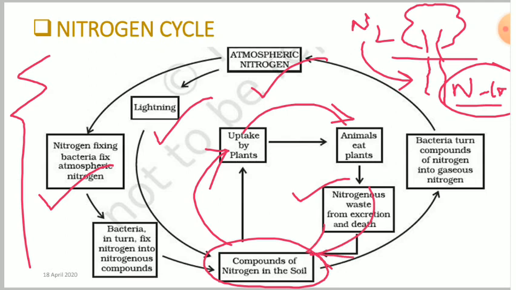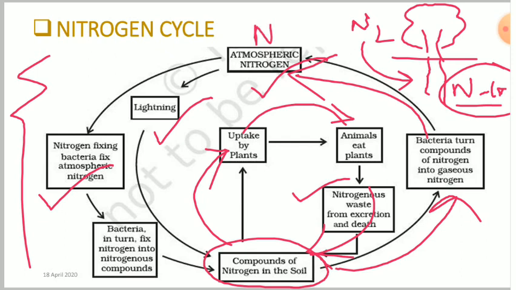Or those nitrogenous compounds in the soil may be directly converted into atmospheric nitrogen with the help of another type of bacteria, and they are released again to the atmosphere in the form of atmospheric nitrogen, that is N2. So this complete process is known as the nitrogen cycle.